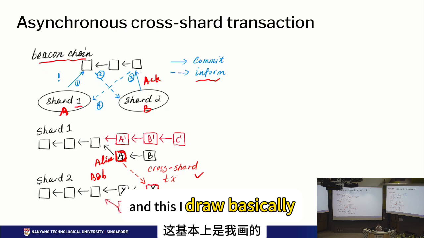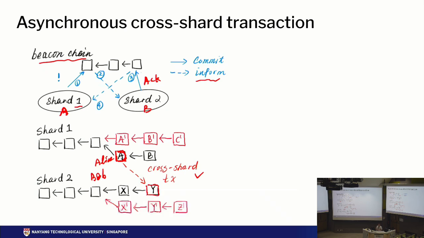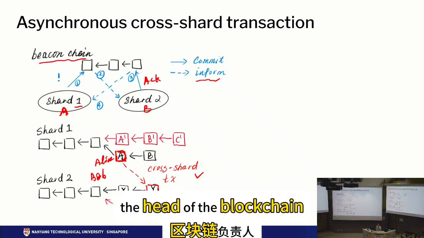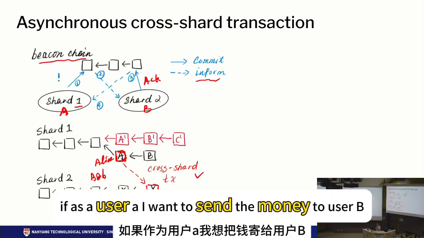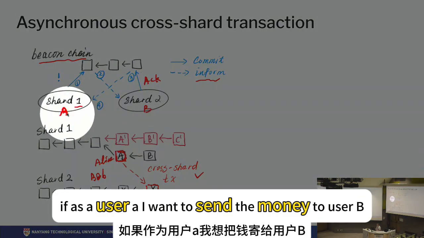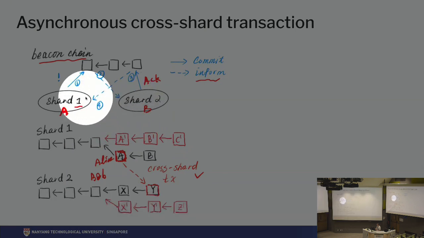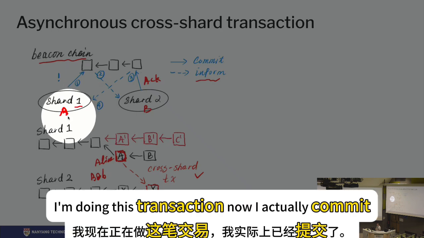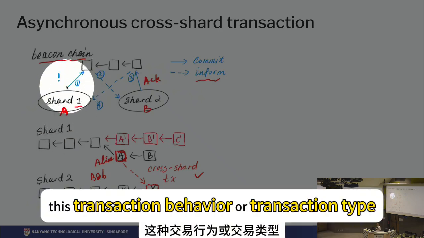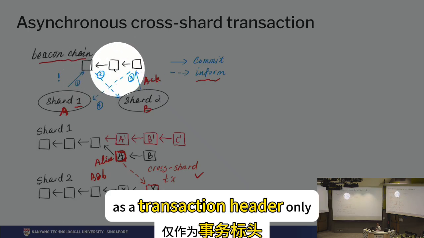And this I drew shows basically what happens when the chain link is only the header of the blockchain. As I mentioned, if as user A I want to send money to user B, the first step is that I commit this transaction to the beacon chain as a transaction header only.